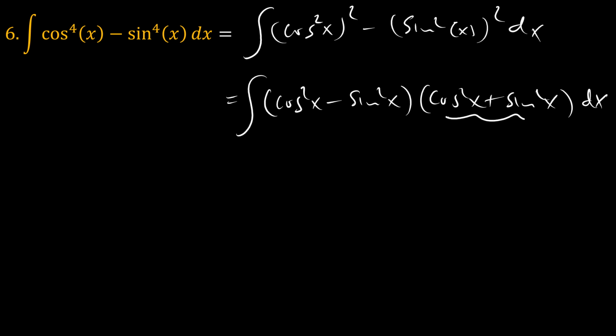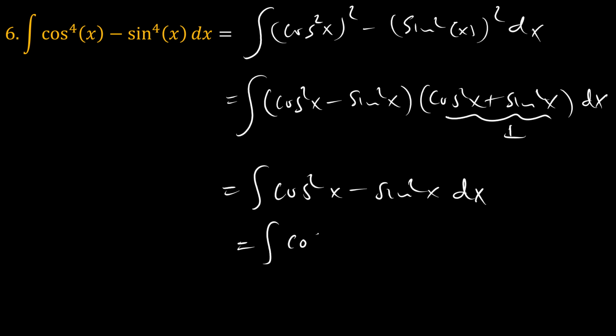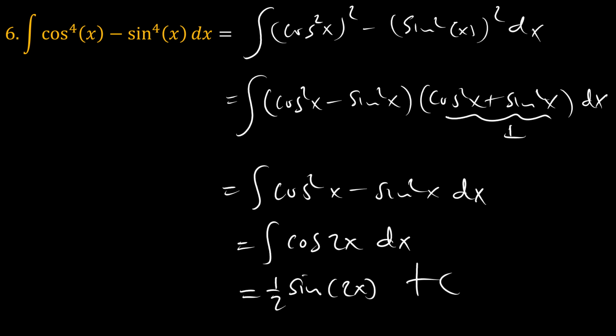And this here is equal to 1, so we are left with the integral of cosine squared x minus sine squared x, and this is the same as cosine 2x, so this becomes a half of sine of 2x plus the integration constant. And that is all that was expected.